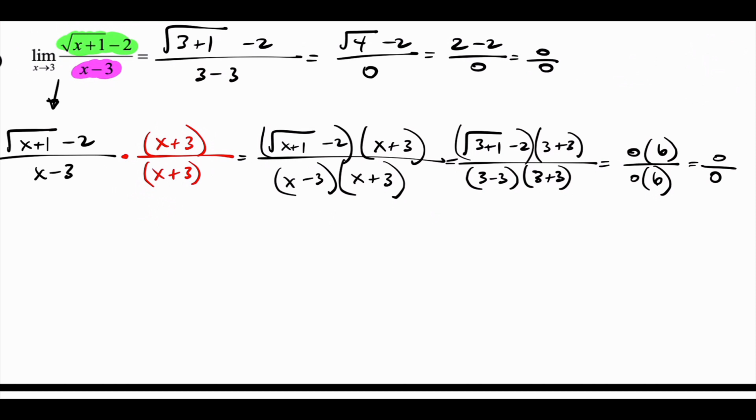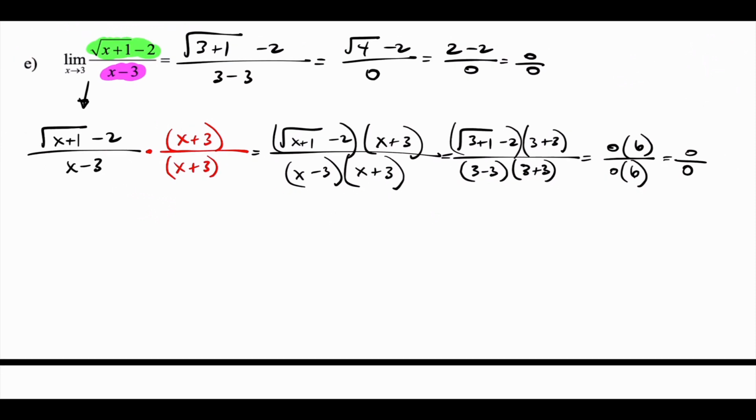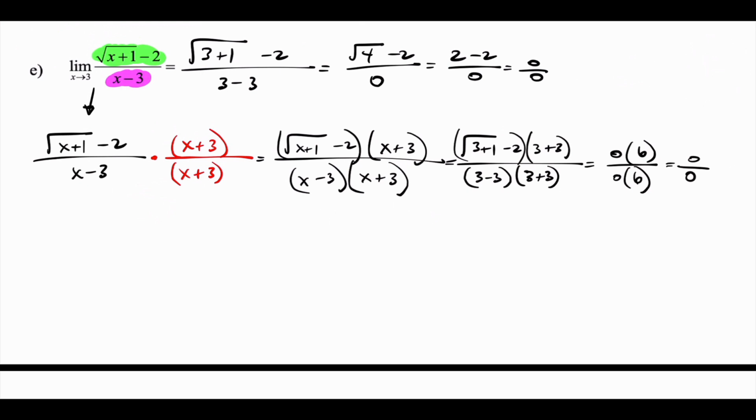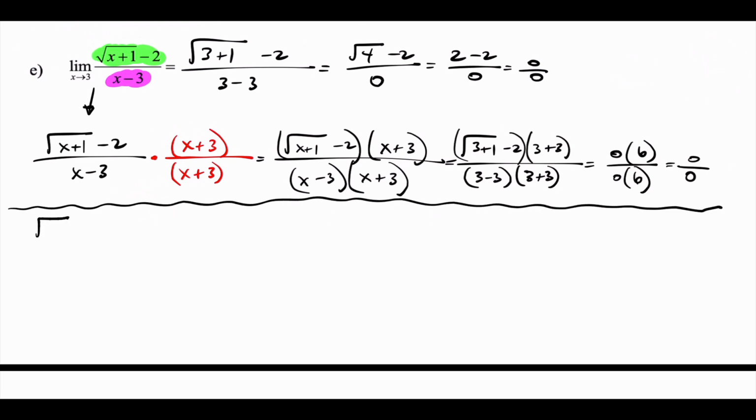So plan B is let's try doing the conjugate but of the top guy and see if that helps. So let's set it up this way. I'm going to do the same thing, except now I'm going to find the conjugate of the green.